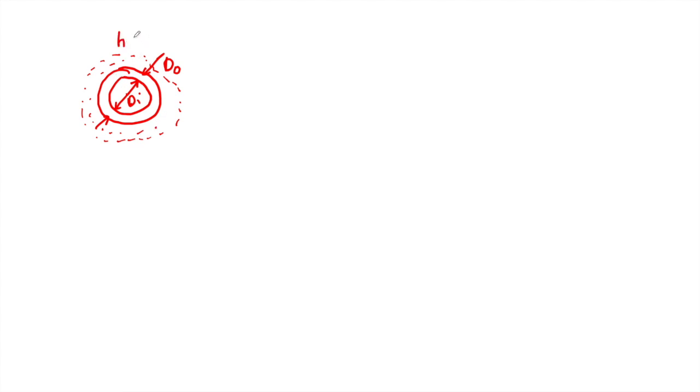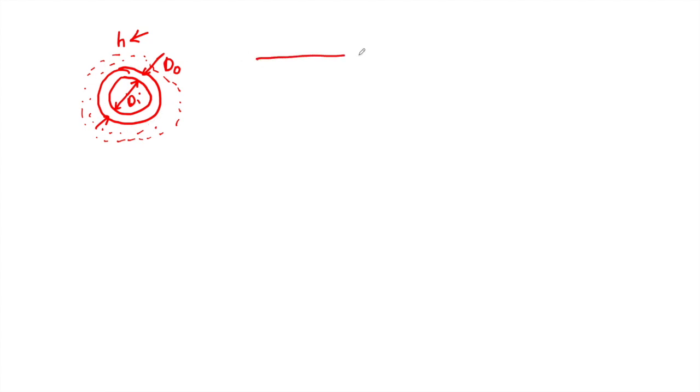Let's say we have tubes with an internal diameter D_i and an external diameter D_out. Previously, we did calculations on the outer part of the tubes, where we had to find the heat transfer coefficient for the external forced convection.